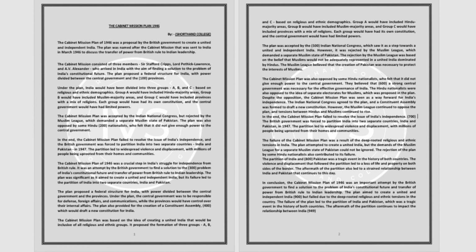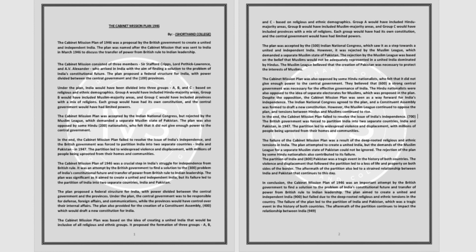In the end, the Cabinet Mission Plan failed to resolve the issue of India's independence, and the British government was forced to partition India into 2 separate countries, India and Pakistan, in 1947.